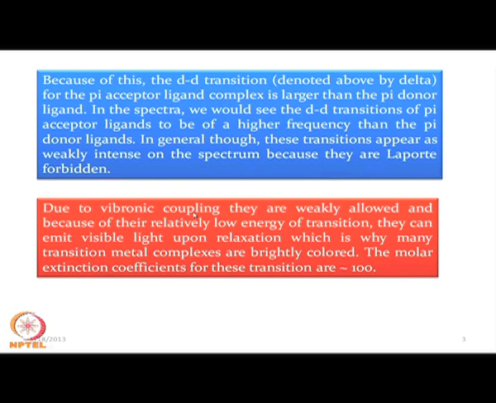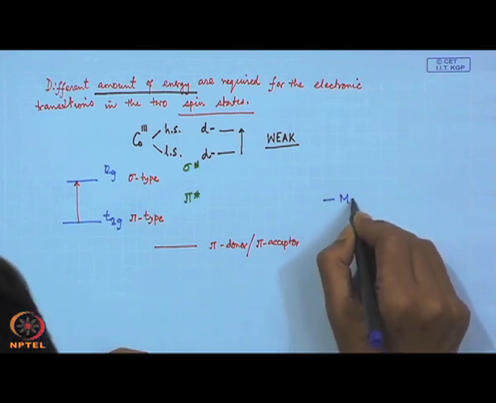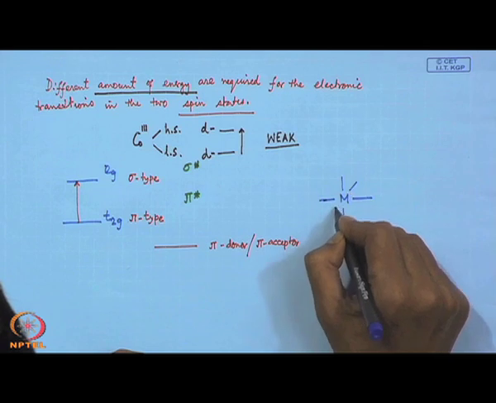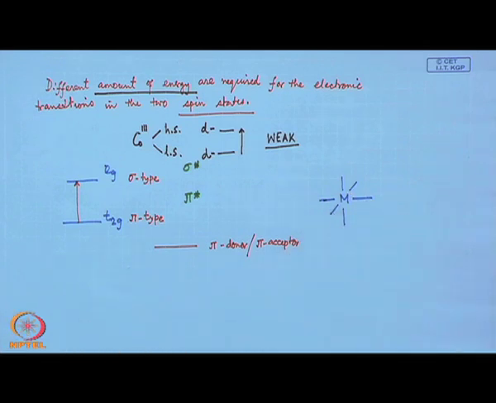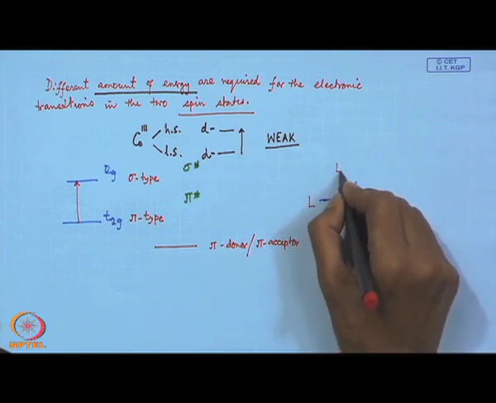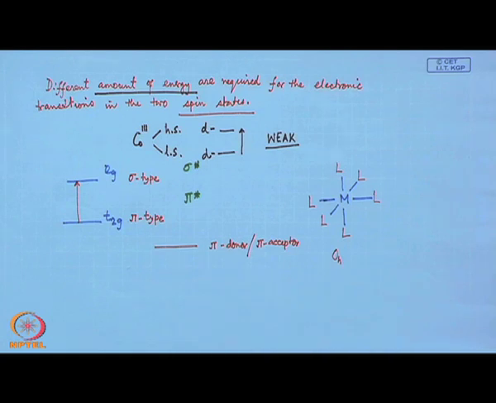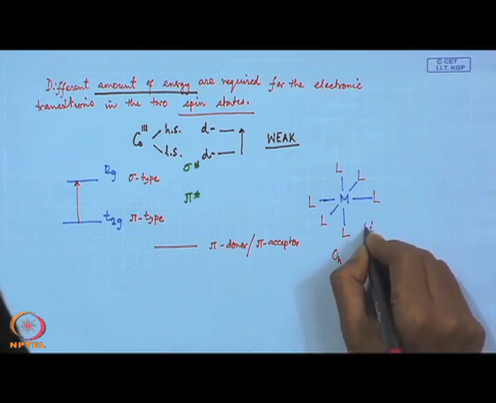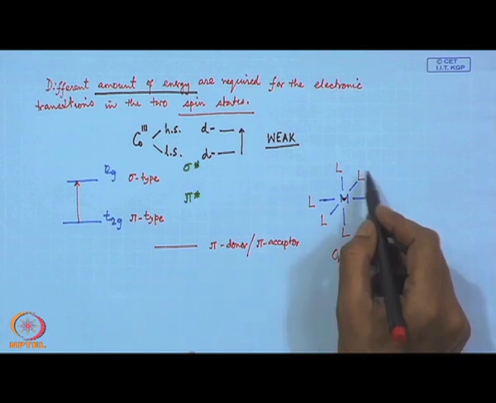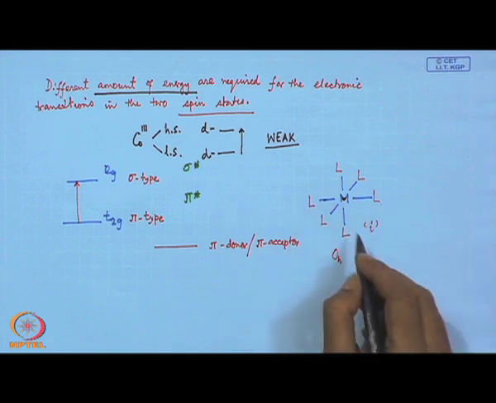If we have a metal center where 6 ligands are attached, and it is in octahedral symmetry, we have the center of inversion located at the metal ion, through which we can interchange ligands L1 to L2, L3 to L4 and so on.